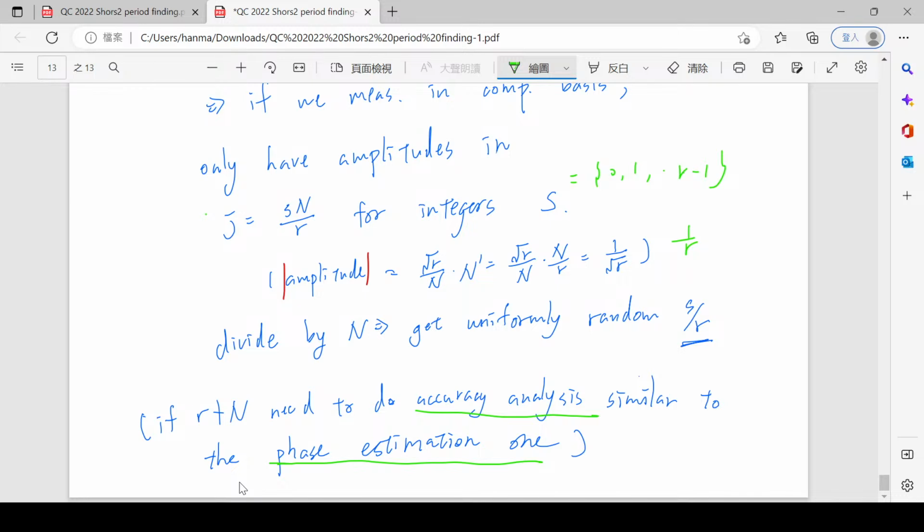Okay. So you can work out that, but here we'll just leave it like this. So we just claim that you can do similar analysis and show that the error will not give you too much trouble if n is not a multiple of R.